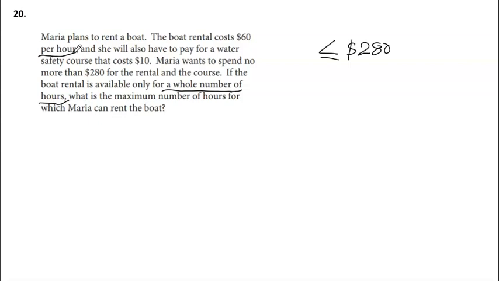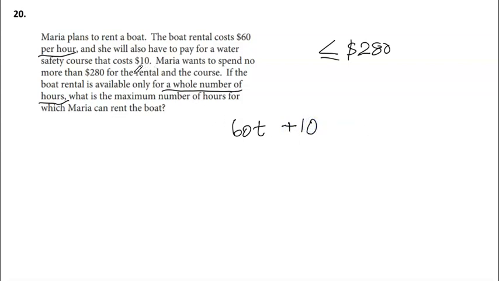So I'm going to say, okay, Maria rented the boat for T hours. So in that case, Maria will spend 60 times T, right? Plus the $10 for the course, right?